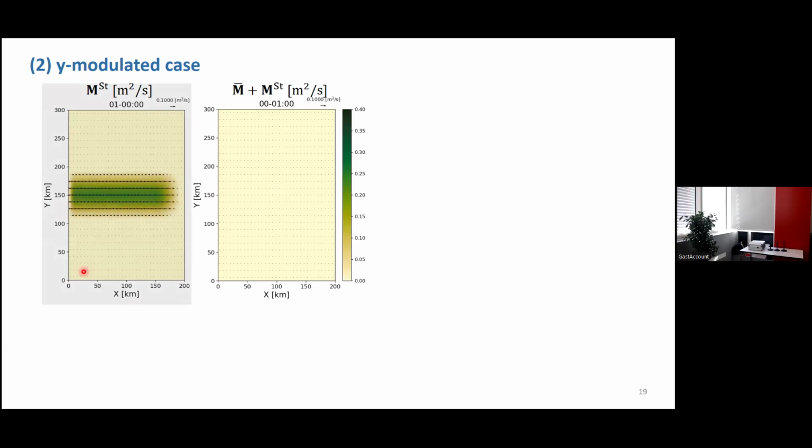The color shows the magnitude, and the arrows, which are a bit difficult to see, show the direction. Let me show that again. There is a localized Stokes drift coming towards the left, and the right panel shows the Lagrangian velocity response.